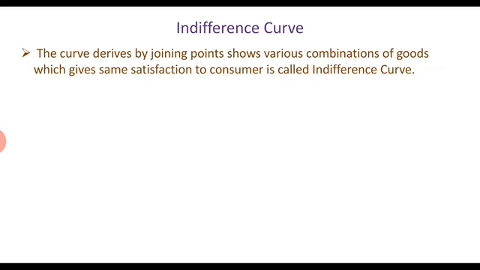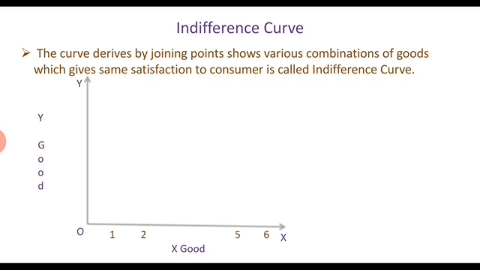Indifference curve. An indifference curve shows various combinations of goods which give the same satisfaction to the consumer. X good is shown on the x-axis, Y good is shown on the y-axis.